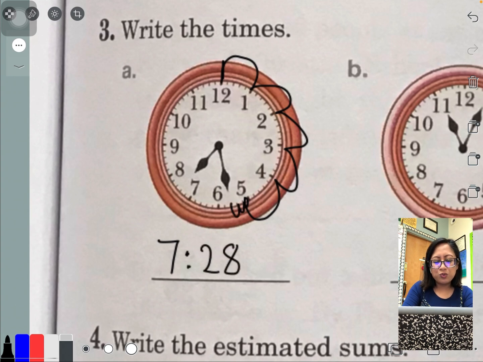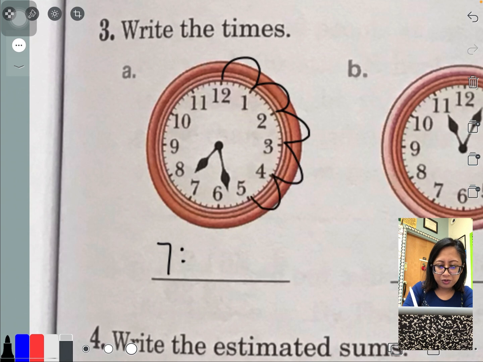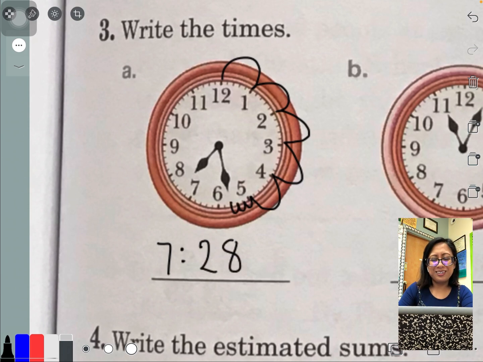So it's 7:28. I said 30. Wow, I was going way ahead. So I'll do that again. So the hour is 7. Start at 12: 5, 10, 15, 20, 25, and then 26, 27, 28. Okay, I hope that was clear. I'll do better with B.